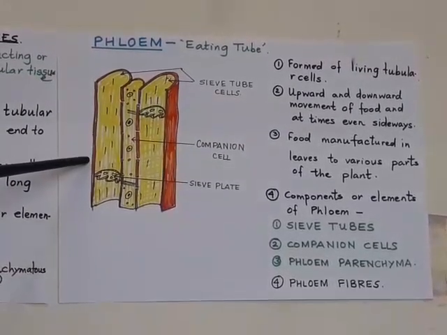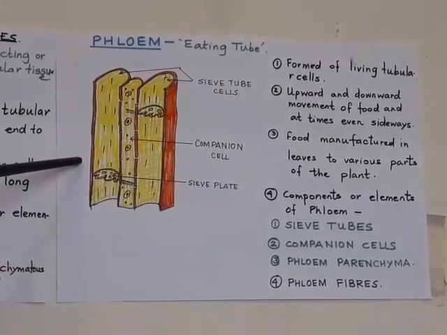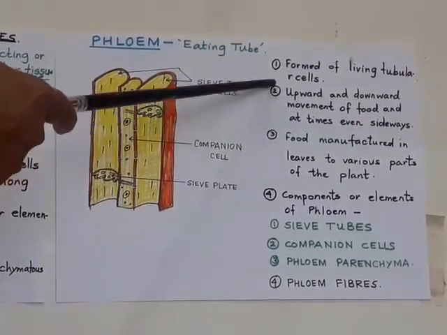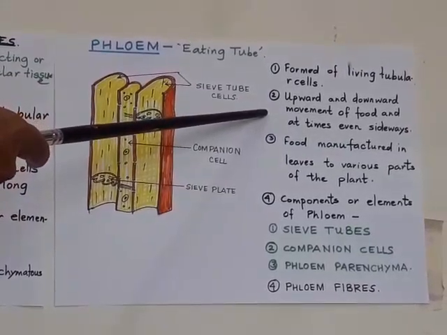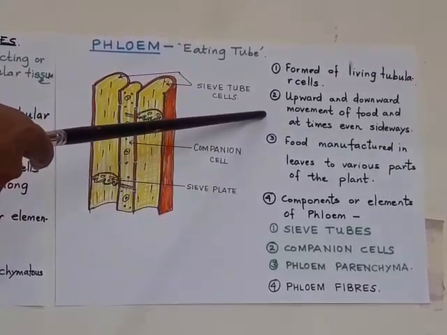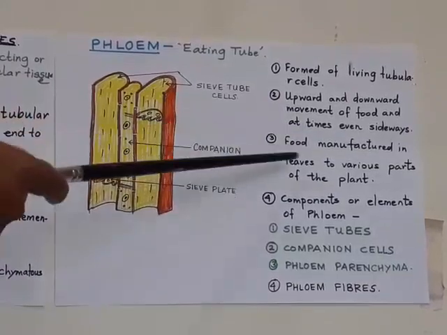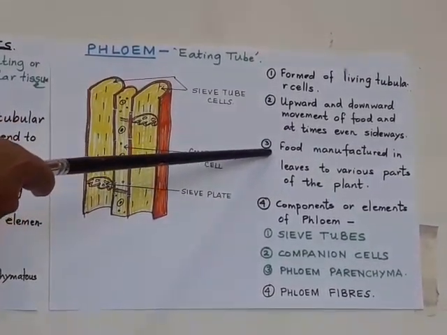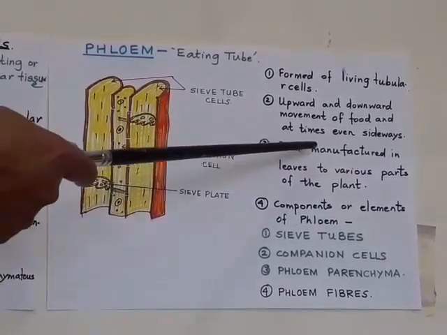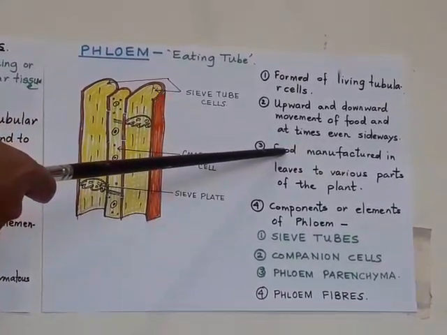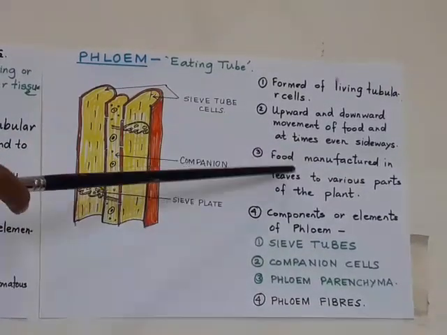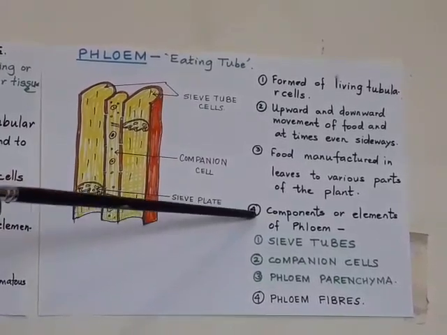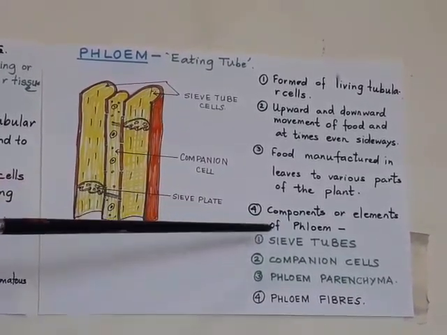If the side branches have a need of food, then at times the food is also transported sideways, and therefore the direction of the food is mostly called bidirectional. The food manufactured in the leaves is transported to various parts of the plant. Now we come to the components or elements of phloem, which are sieve tubes.